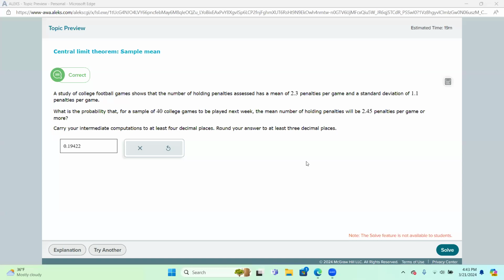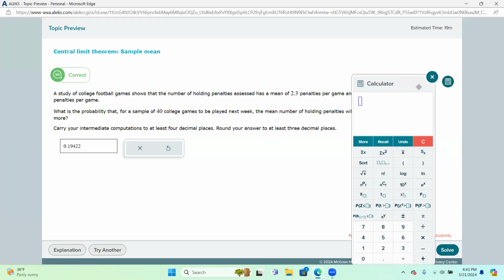So I'm going to go back and show you that here. So this is how I would have done my Z-score. A parenthesis, and then 2.45 minus 2.3 parenthesis divided by 1.1 divided by square root of 40 and hit enter, and there's that.